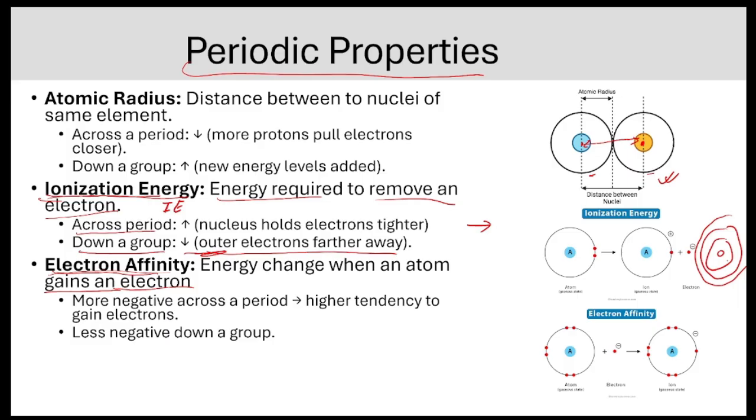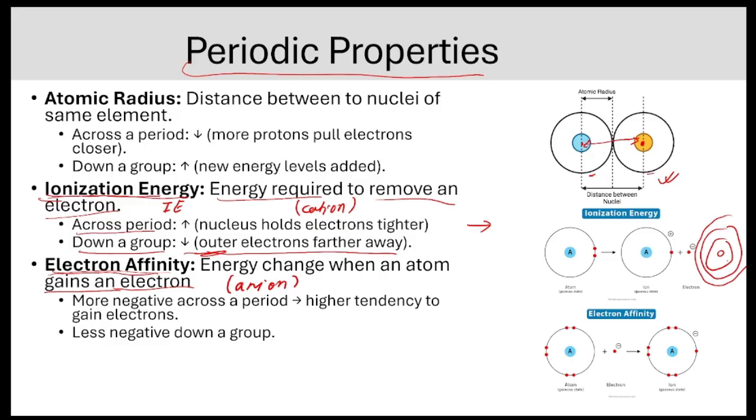In other words, if ionization energy was defined as the energy required to form a cation, electron affinity can be defined as the energy gain when the atom is converted into an anion.